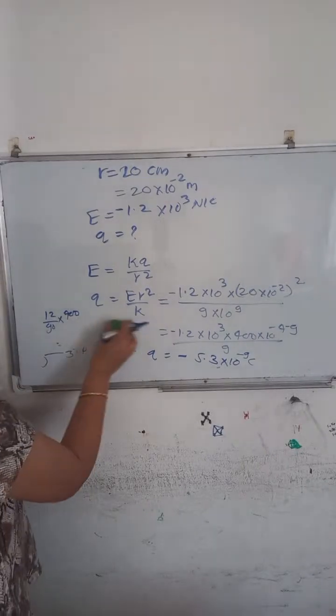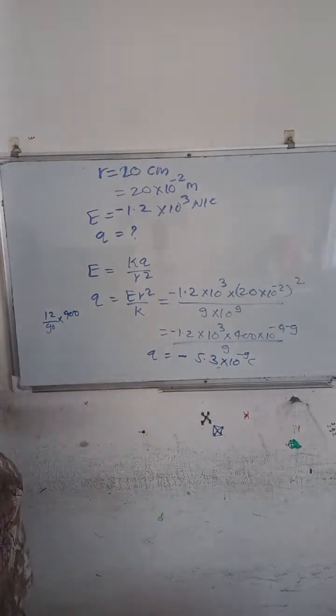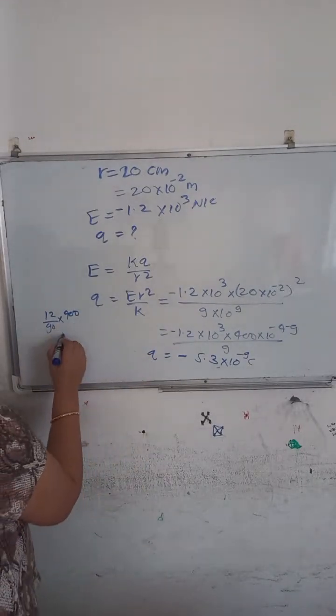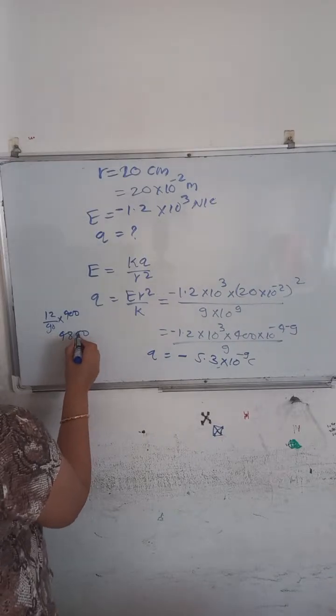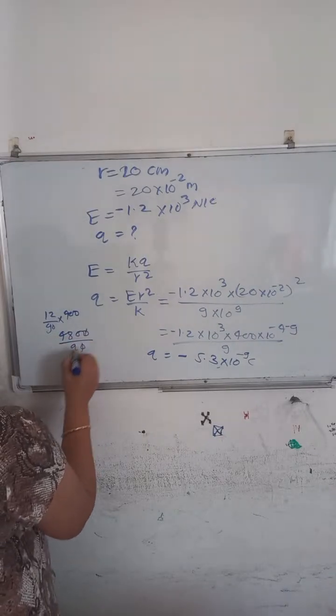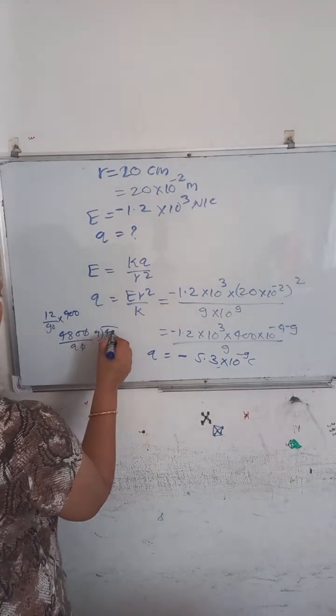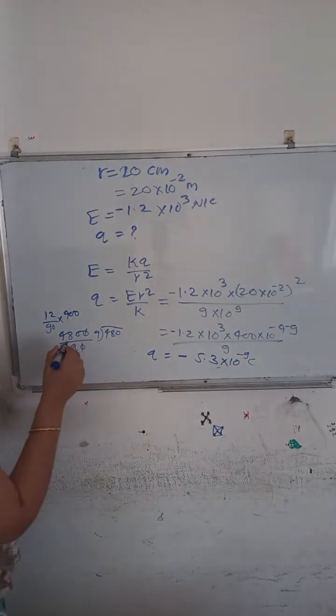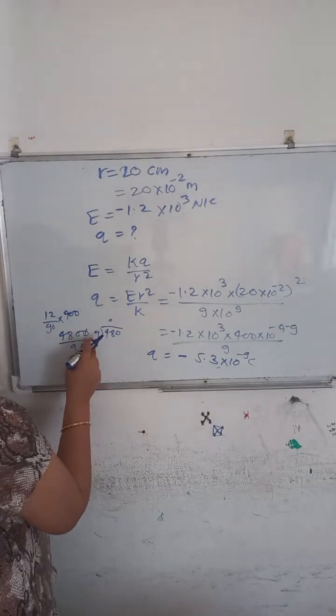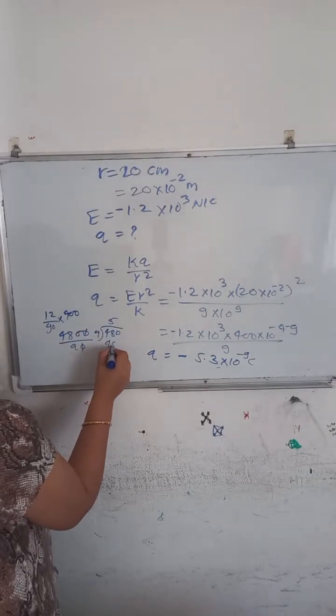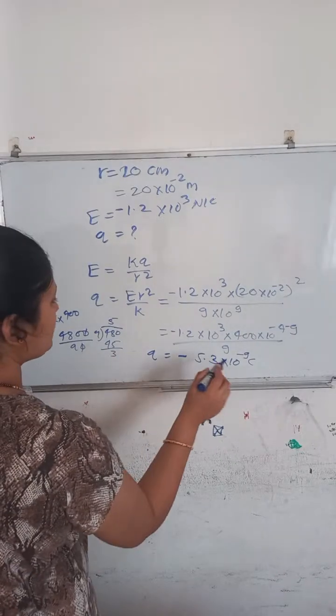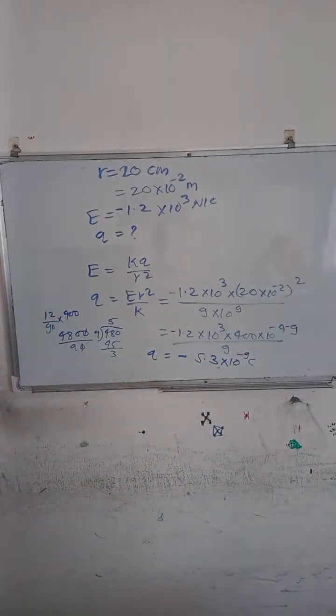Here I am getting 48. Yeah, it's minus 5.3 into 10 raised to minus 9 coulomb. Yes, option here correct. C is the correct option.